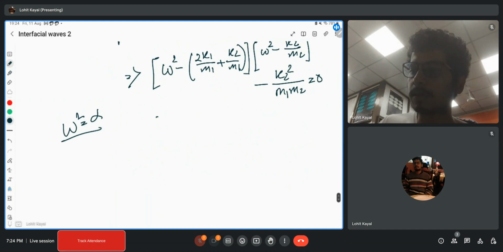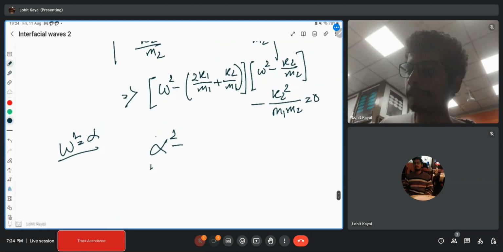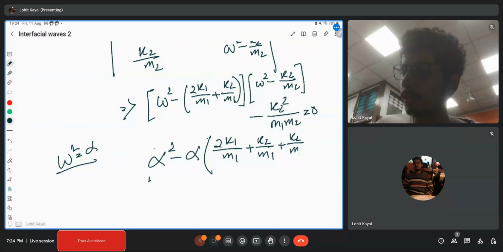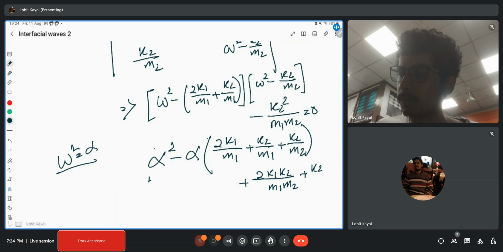Now this becomes a simple quadratic equation, and the expression will be alpha square minus alpha times (2k1 by m1 plus k2 by m1 plus k2 by m2) plus 2k1 k2 by m1 m2 plus k2 square by m1 m2 minus k2 square by m1 m2 equals 0.